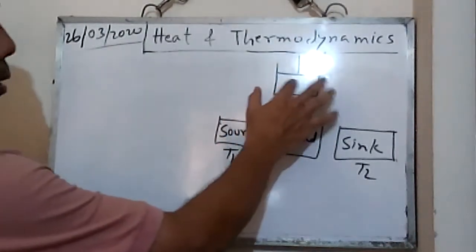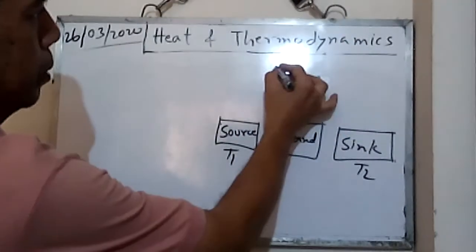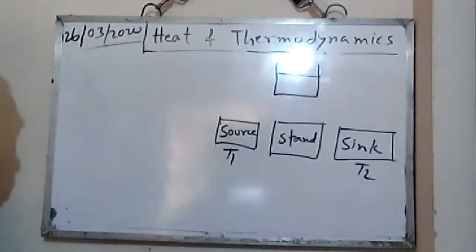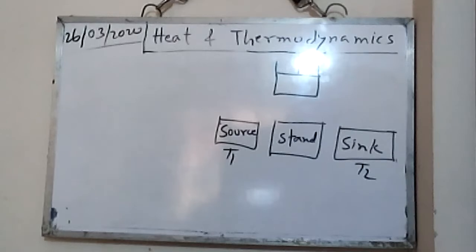And there is the working substance, and the working substance may be air. Now there are 4 stages of a Carnot cycle.